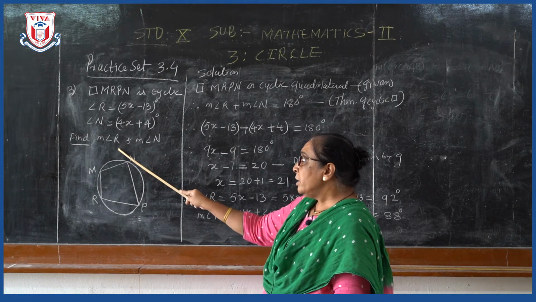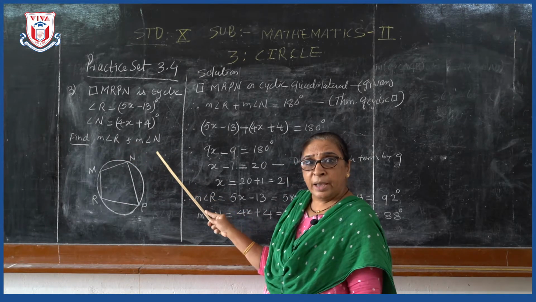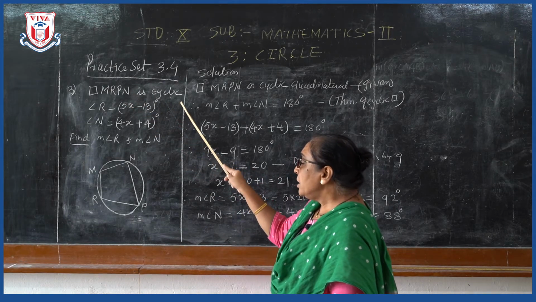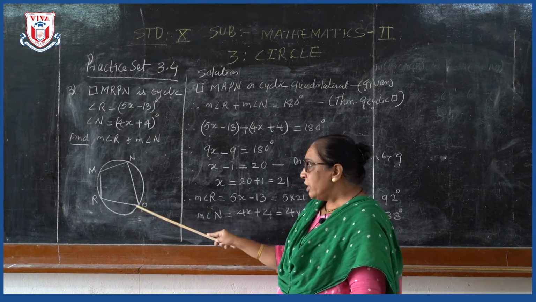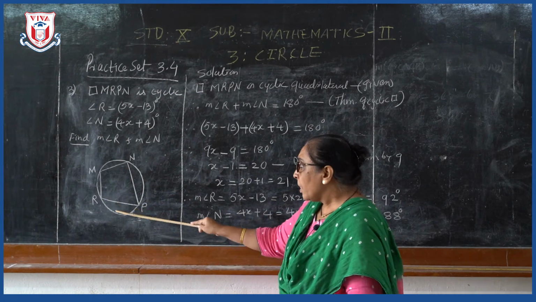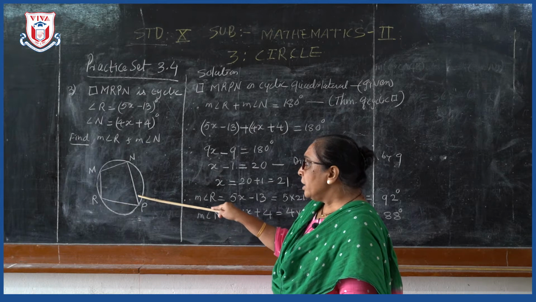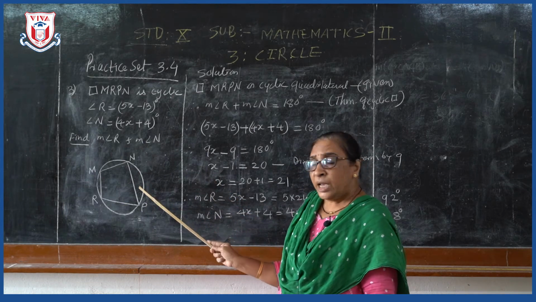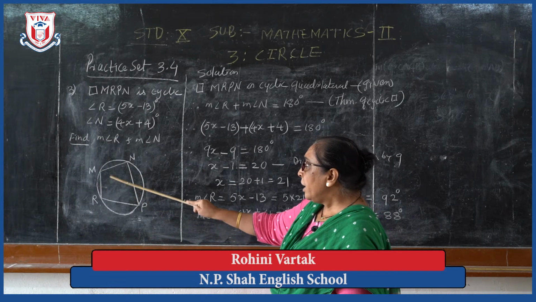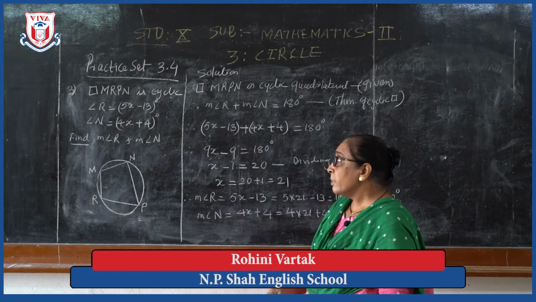We have to find the measures of angle R and angle N. Now see, MRPN is cyclic quadrilateral. I have just drawn the rough figure, that also you can see here, so that you will get easily the opposite angle pair. Angle M and angle P are opposite, angle R and angle N are opposite angles.